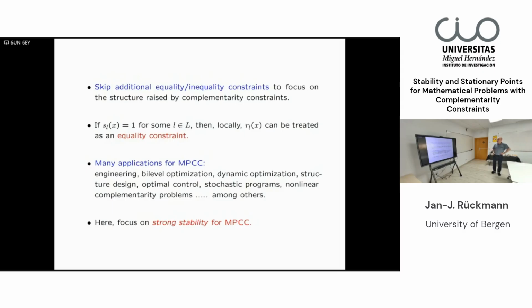Some comments here, which we will not go into details too much. We skipped all the finitely many standard equations and inequality constraints. We concentrate on this complementarity constraint property.